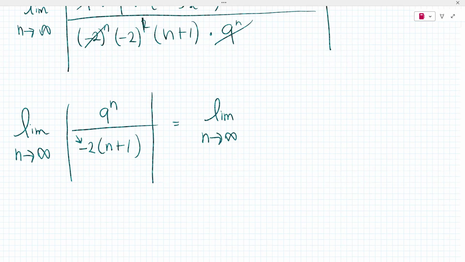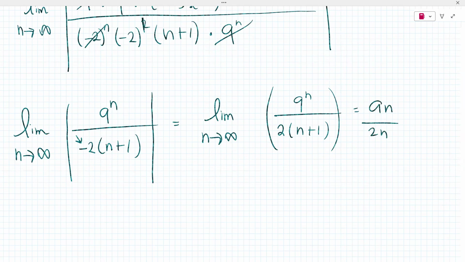Instead of absolute value, you can use parentheses: 9n over 2 times n plus 1. Now on the top it's 9n and on the bottom it's 2n, and the degrees are the same. So when the degrees are the same, you use the coefficients, 9/2, which is greater than 1. So we can say it diverges.